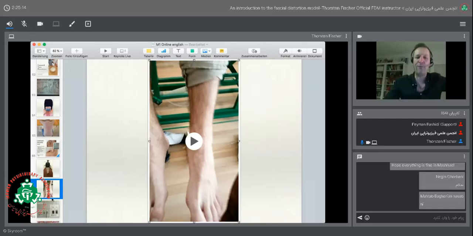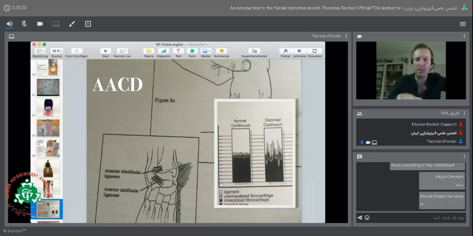So now first, you see his lack of movement, yes? So first, I advise everybody of you, treat the CD of the anterior tibiofibular ligament. So I take my hands around his Achilles tendon and I push with the tip of my thumb upwards on his tibia.